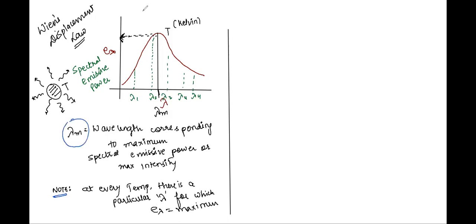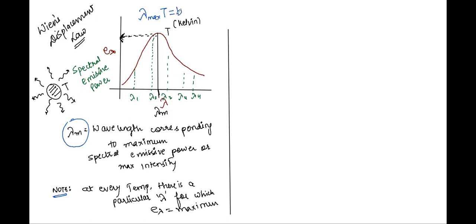So according to Wien's displacement law, this lambda max or lambda m, whatever you call it, into the temperature at which this wavelength is being emitted by the body, that product lambda max into T gives you a constant B, right?